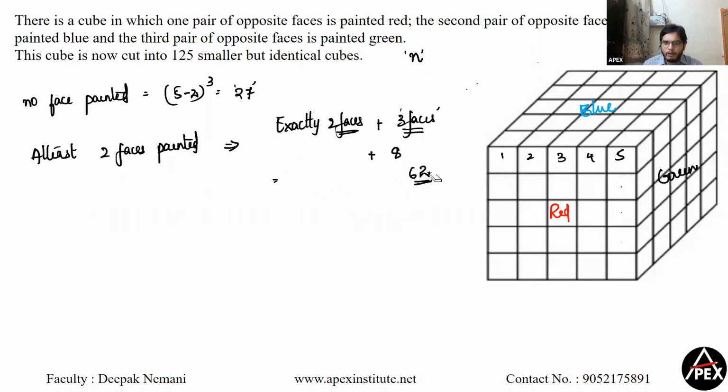That formula is 12 into (n minus 2), sorry, not 6 into (n minus 2) square, that is for one face painted. So exactly 2 faces painted is 12 into (n minus 2), plus 3 faces painted, which will always be 8. So 12 into, n is 5, 5 minus 2, 3, plus 8. So 36 plus 8, so 44. You will have 44 cubes with at least 2 faces painted.